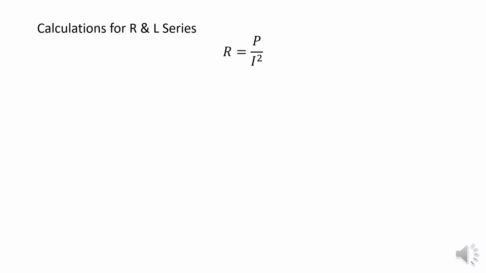P we have found previously, therefore R is equal to P divided by I squared.